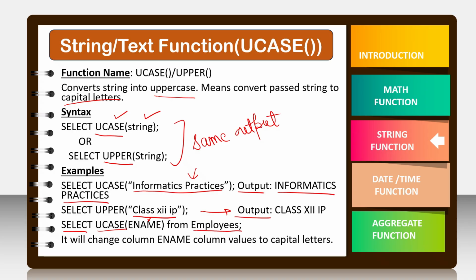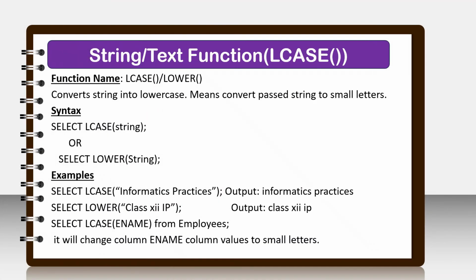Here, employees is the table name. So this query will convert all the column values of ename to capital letters. Here we are not using any table, but this is the way to write a query with a table. I will take a practical session of this after this video, so you can check these results in that video.